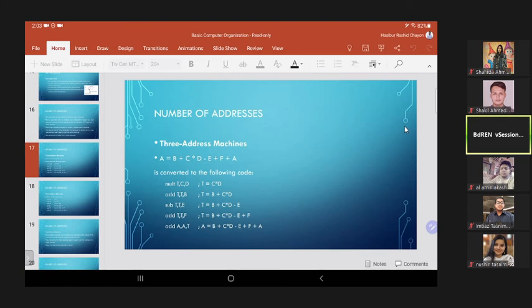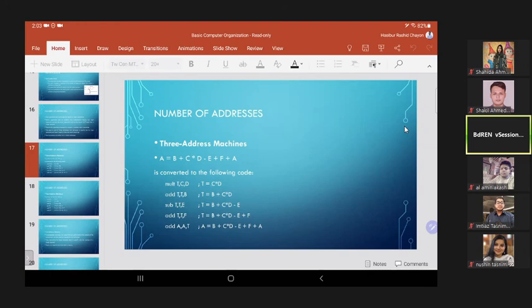We are doing multiplication, so the other two operands are multiplied and stored into the first location, always. That's why the value of C times D is stored in T.